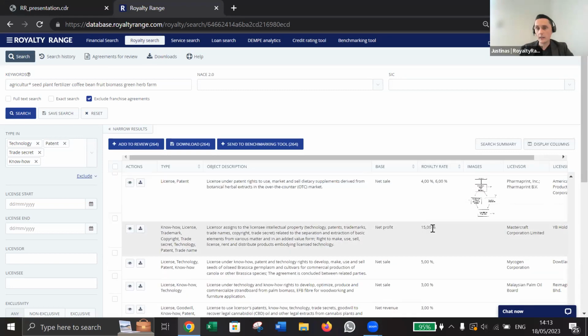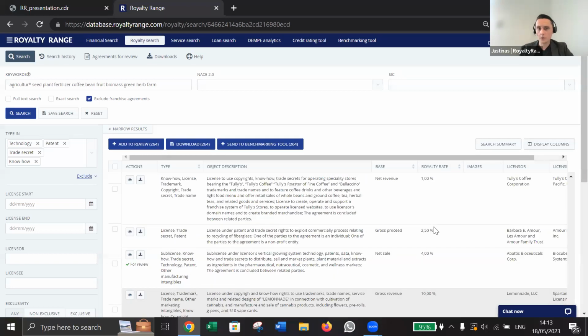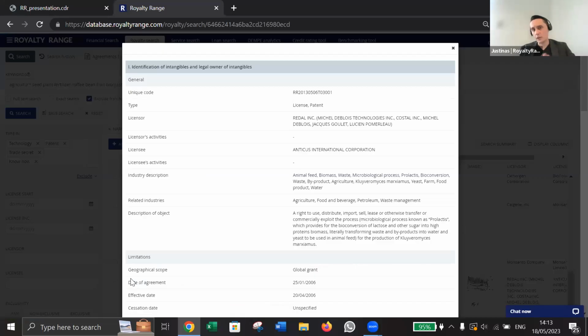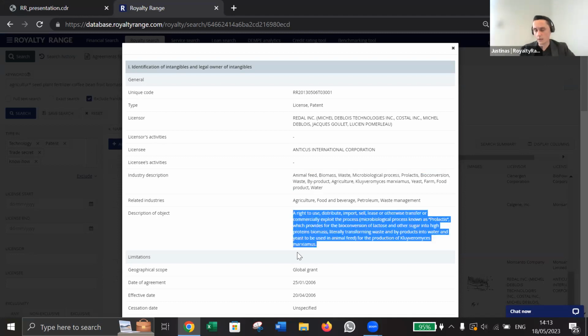And if we open up any of these agreement summaries, we can take a look at these comparability factors in more detail. So some general things, of course, like licensor, licensee, business descriptions, industry keywords, synopsis of the agreement.